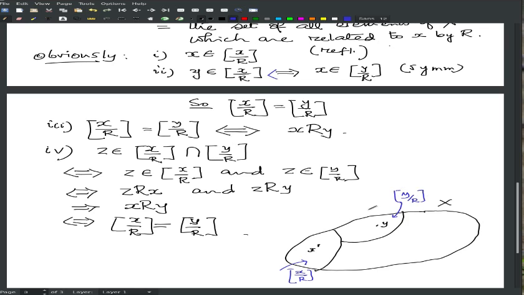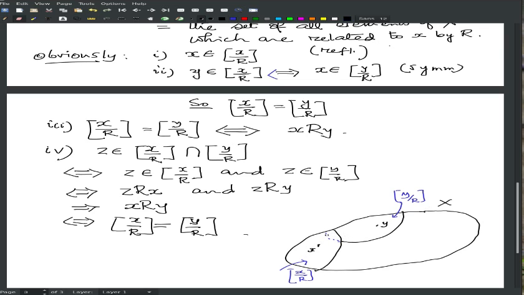Why? It said that if these two subsets had a common element, the situation can never be like this. If it had a common element, then both of them are same.